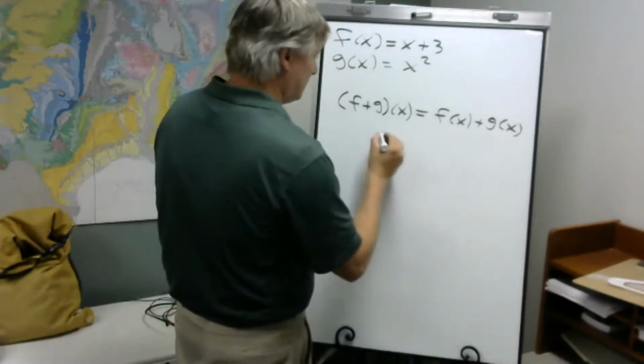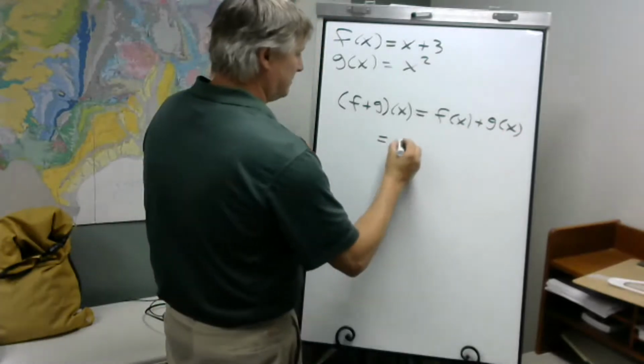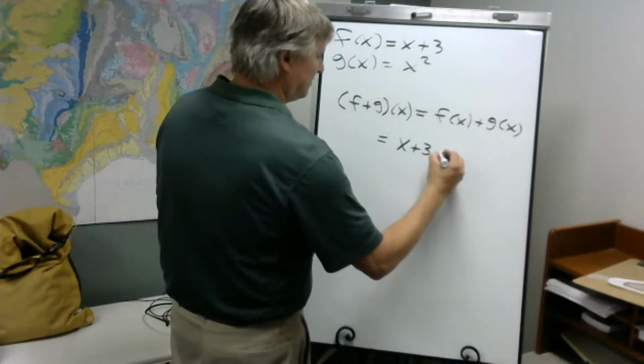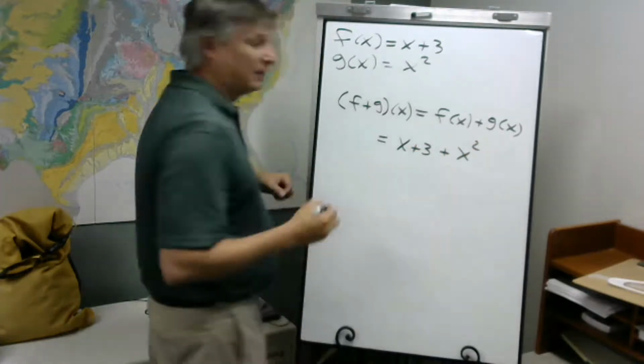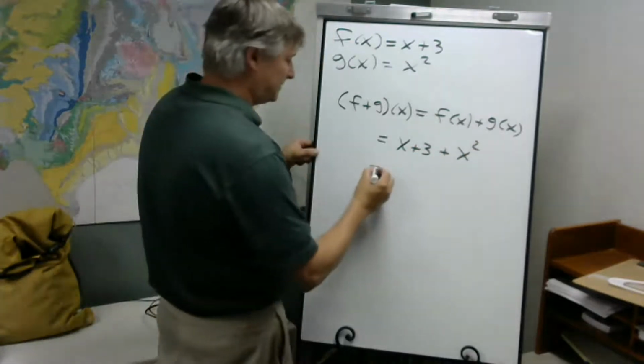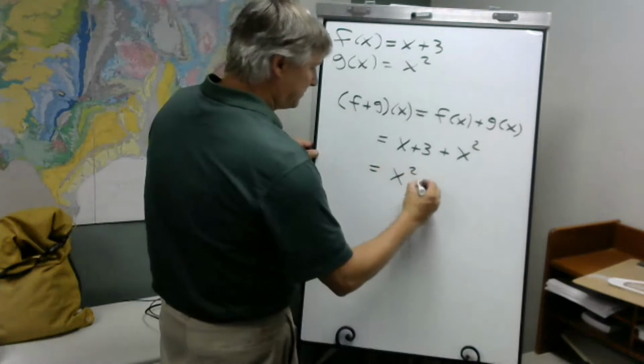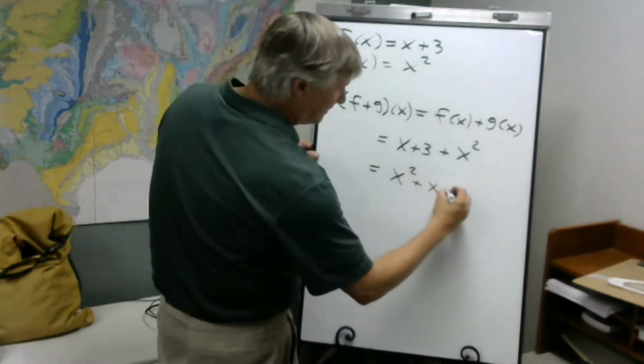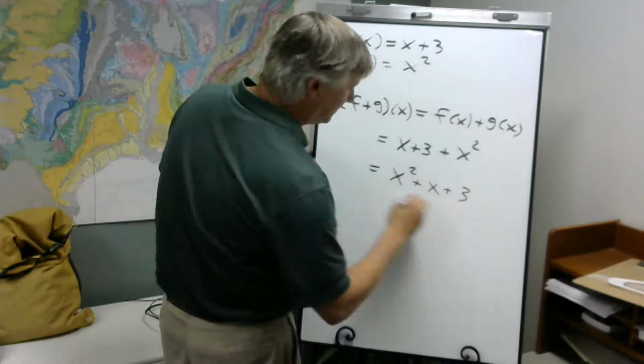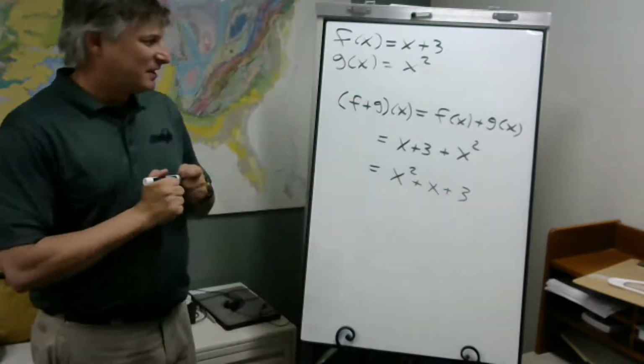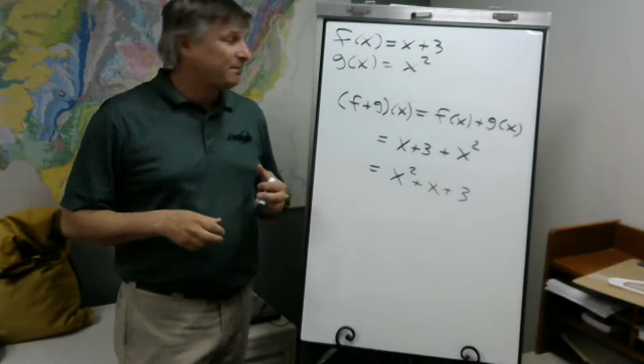And what that will give us is x plus 3 plus x squared. Or we could simplify this and put it in standard form with the higher order term in front. And there we go, that's f plus g.